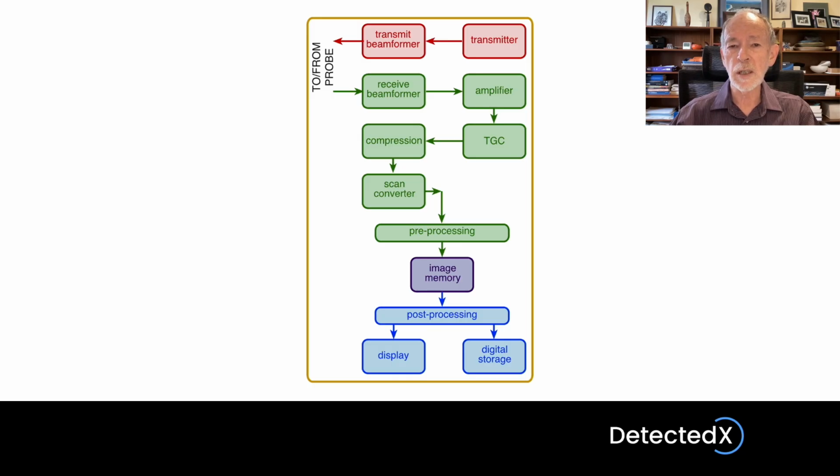So the received echo is amplified in an amplifier, and then we have a function called TGC, which I'll be explaining, followed by compression, and then a scan converter, which formats the echo data appropriately for the image so that it can be stored in the image memory. Once a complete image has been built up in the image memory, that is displayed. It can also, of course, be saved, stored, annotated, and so on. So we'll go through all of this in more detail now.